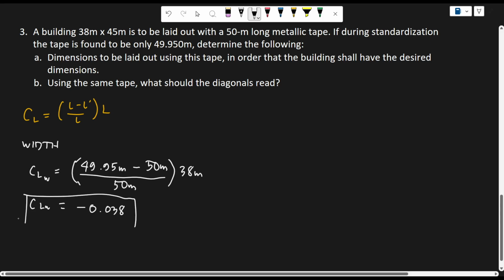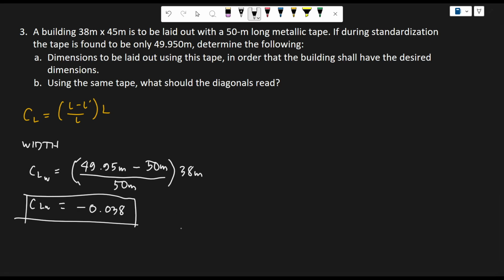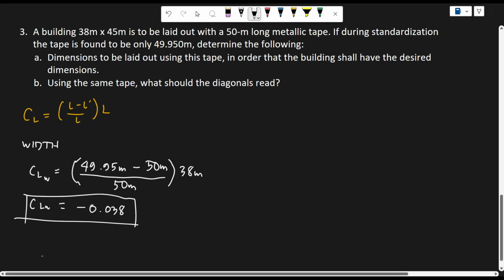So what does this mean? This means that if we want to lay out our line, which is exactly 38 meters, we know that if we lay out our tape until the 38 meter mark, it is negative 0.038 too short.